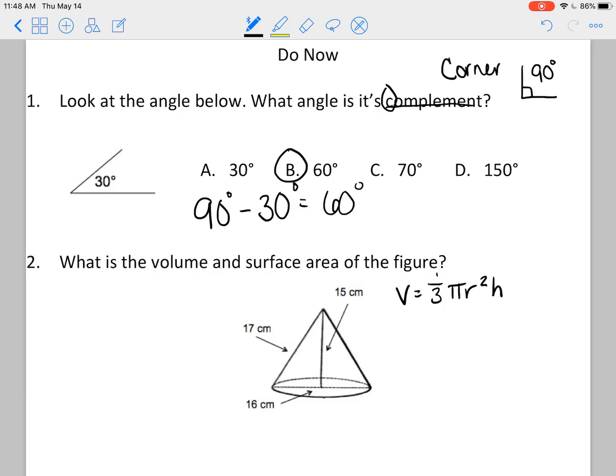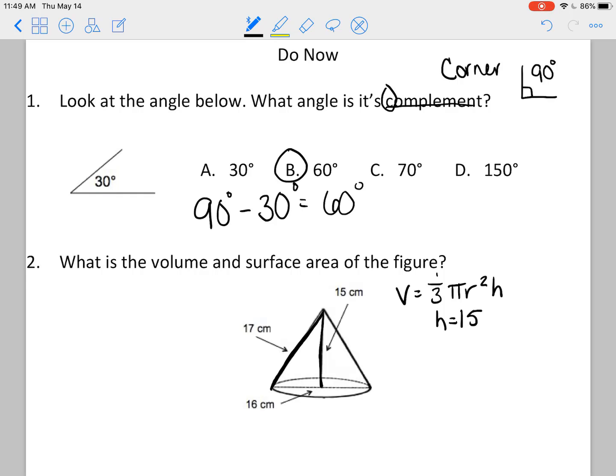Remember that in a cone we have a height and we have a slant height. In this case, the height is 15. It is the length that goes from the top apex of the cone going straight down, forming a perpendicular line to the base of the cone. The slant height is the length from the apex of the cone down to the bottom edge of the cone going along that slope.